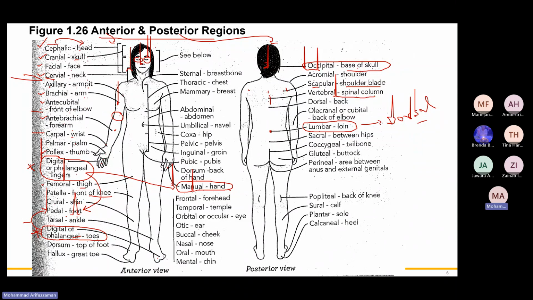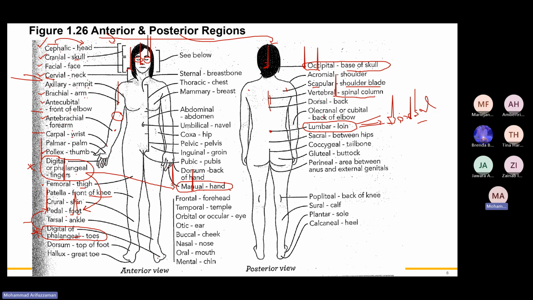The lumbar is on the back and dorsal means back. Therefore, dorsal and lumbar appear in the same discussion related to a part of the body. So you can see the relationship.